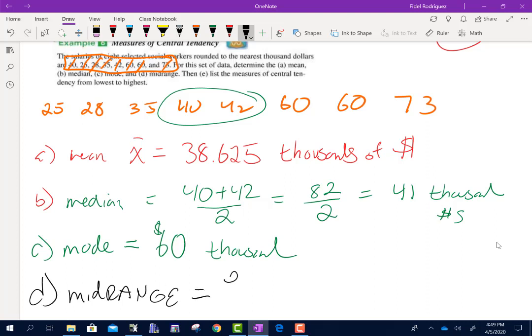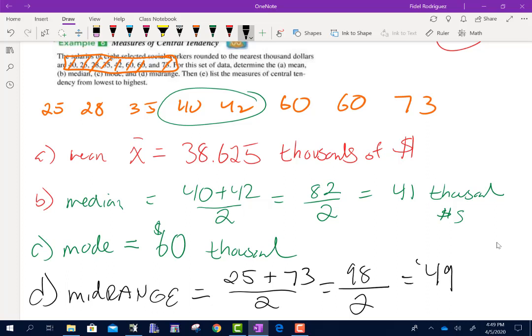We're going to take the smallest value, 25, and the biggest value, 73. We're going to add them up and divide by 2. That should give me 98 divided by 2. So 49,000, right?